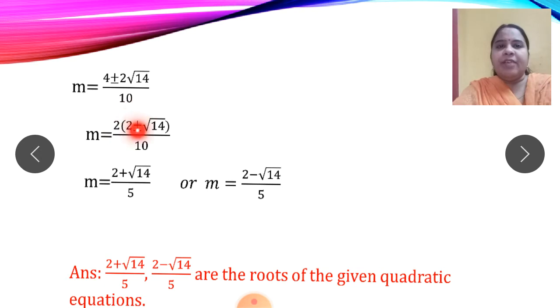So what will be left? 2 plus or minus root 14. I am taking 2 out. So what will be left inside the bracket? Square root of 14 upon 10. This step I have taken common from the numerator. Okay. After this I will cancel 2 1s are and 2 5s are. See this. Okay. And what is left is 2 plus or minus root 14 upon 5. Right.